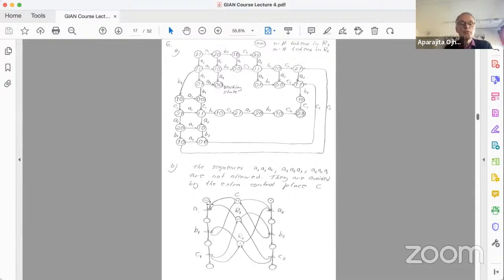So it means that we need to restrict the behavior of A2. So this control place actually says that if you have done 2 A1, you're not allowed to make another A2. If you have come to this state, you're not allowed to make an A2 before you must continue with a B1 instead.